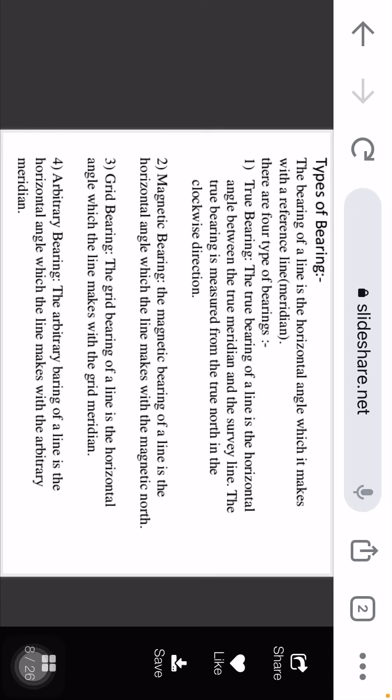With respect to magnetic meridian, it is called magnetic bearing. And with respect to arbitrary meridian, it is called arbitrary bearing. So how do you differentiate between true meridian, magnetic meridian, and arbitrary meridian?